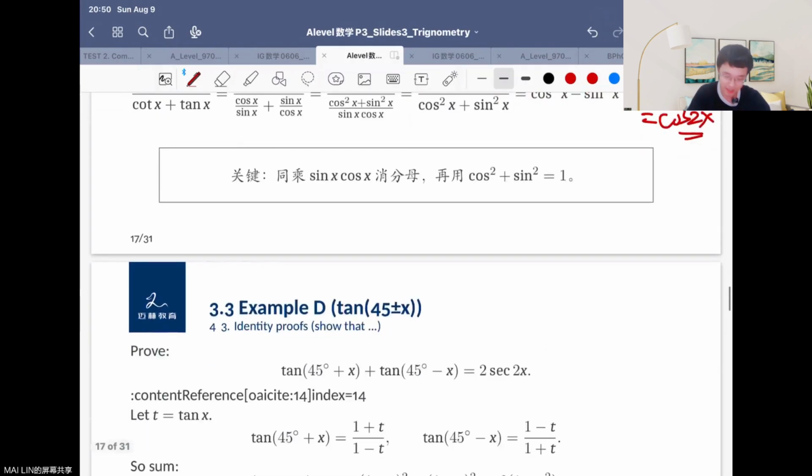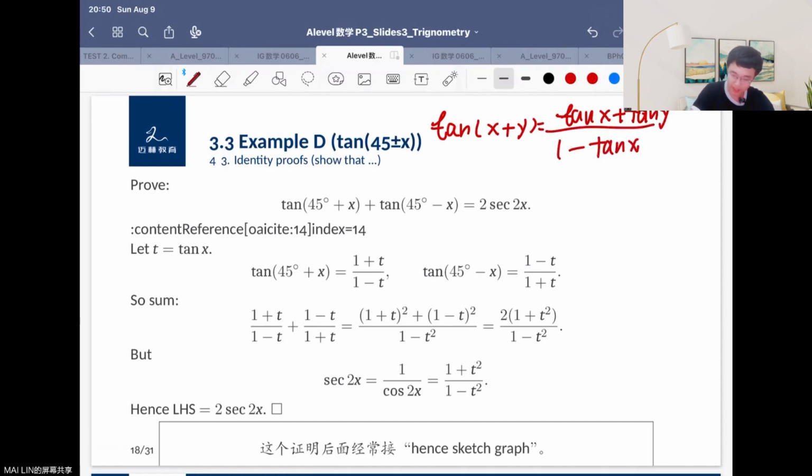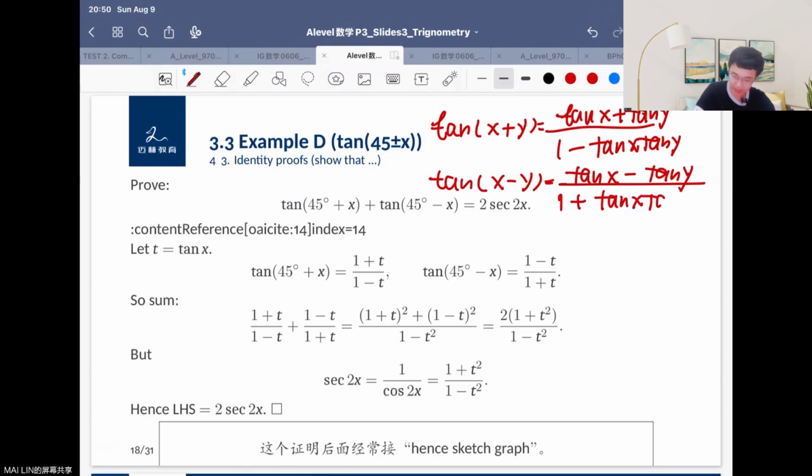Then we prove it. Another example: we need the formula for tangent x plus y. This formula is tangent x plus tangent y divided by 1 minus tangent x tangent y. And for tangent x minus y, it is tangent x minus tangent y divided by 1 plus tangent x tangent y.